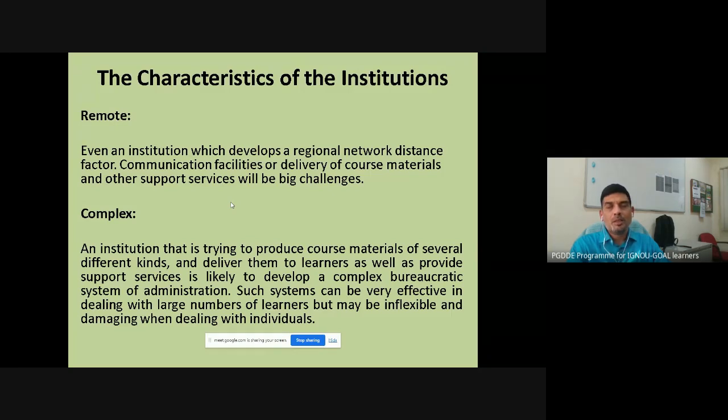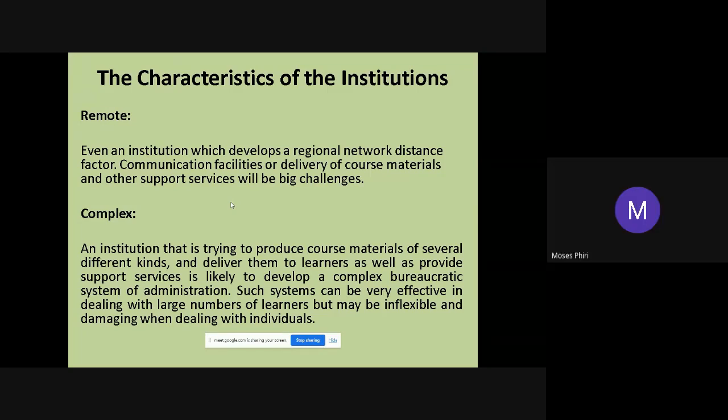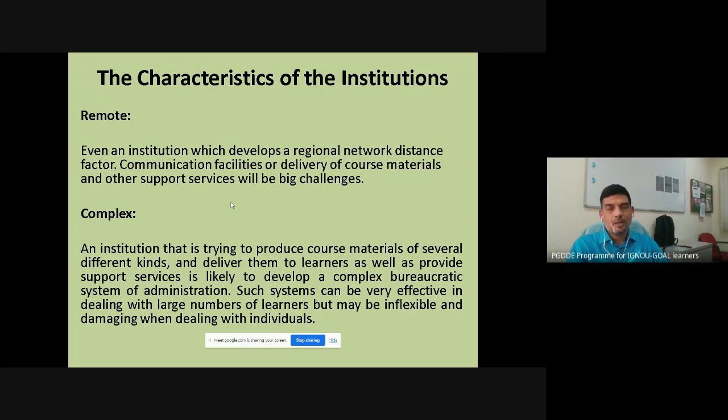But ultimately, in framing the self learning materials and providing them on time, then reaching the learners through counseling and tutoring services on time, and monitoring the learning progress of the learners, then making arrangements for assessment and evaluation support, and even after their assessment and evaluation, helping them for further studies and for getting employment. These are all the services that an institution has to plan, and these are the challenges.